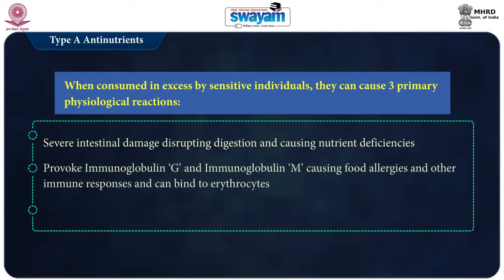Number two, provoke immunoglobulin G. Now, immunoglobulin G is an antibody that is found in all body fluids, as well as immunoglobulin M. This is an antibody which is found mainly in the blood and the lymph fluid, causing food allergies and other immune responses, and can bind to erythrocytes. Simultaneously, the third one is they bind to erythrocytes simultaneously with immune factors, causing hemagglutination, resulting in anemia.